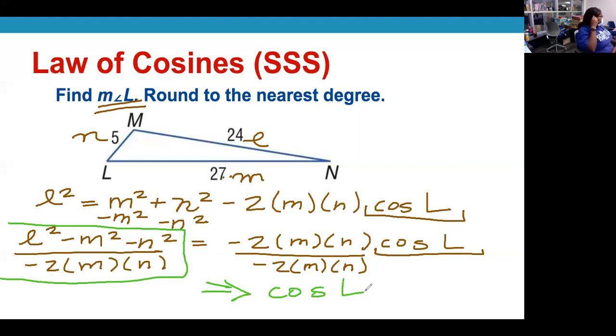In order to find L, we're going to have to find the cosine inverse of all of these numbers here. So let's put all these numbers in, get a value, and then do the cosine inverse.